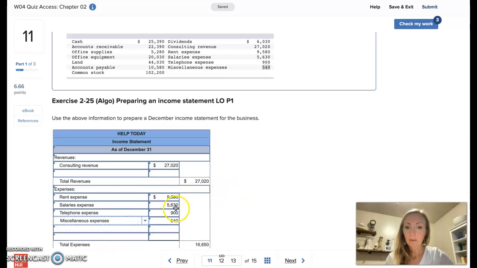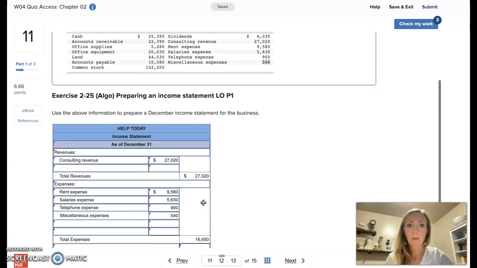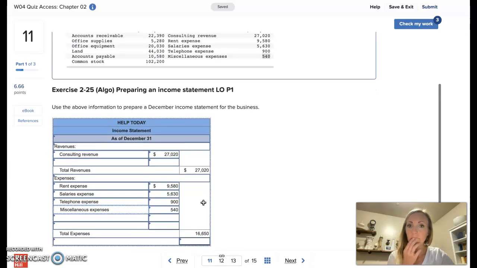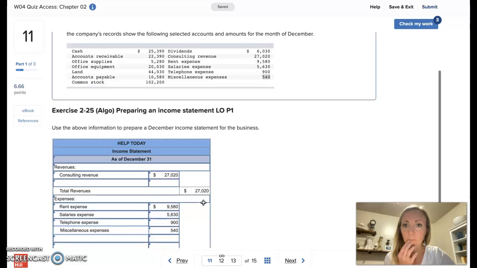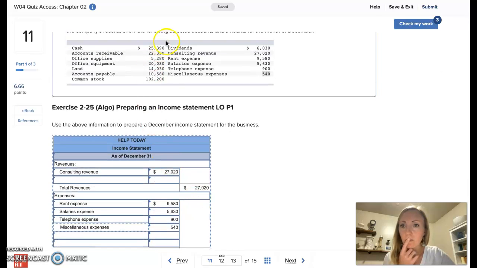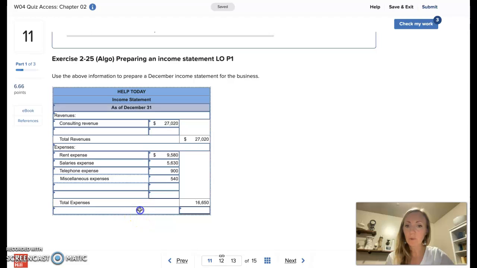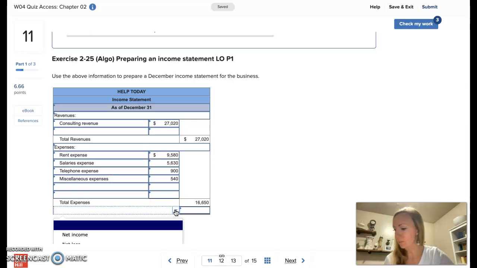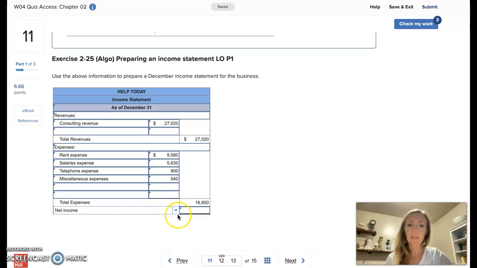Hopefully that's correct. Is that right? Okay, and then down here we want this to be our net income. It would be a net income or a net loss, and we can see the difference there.